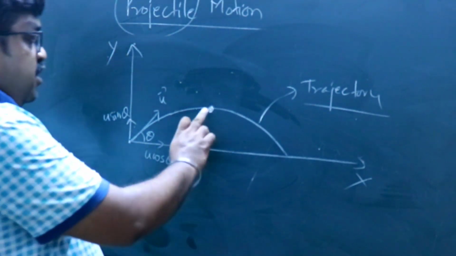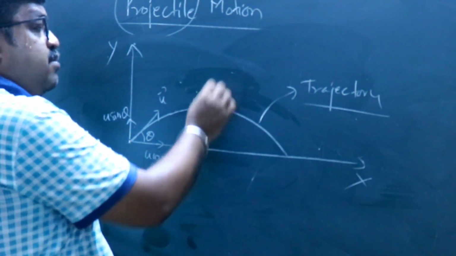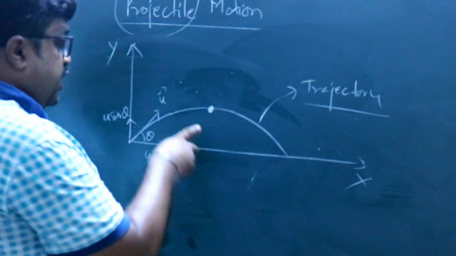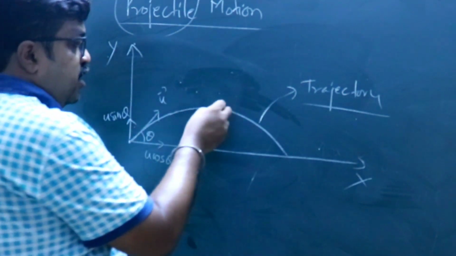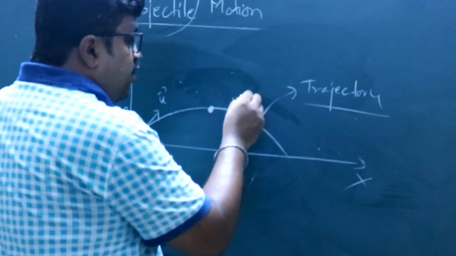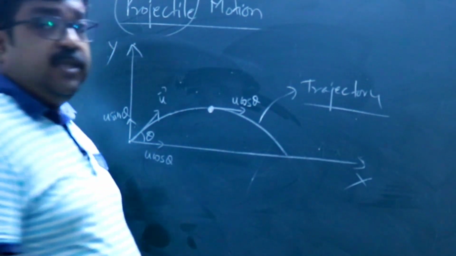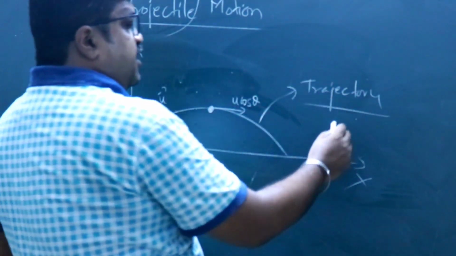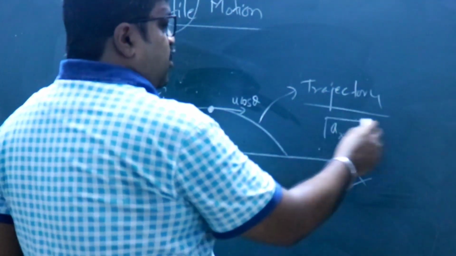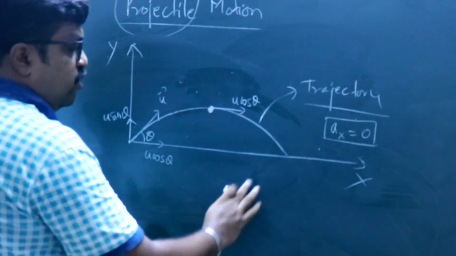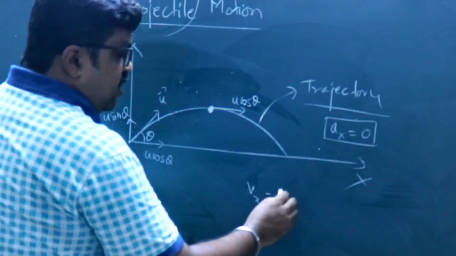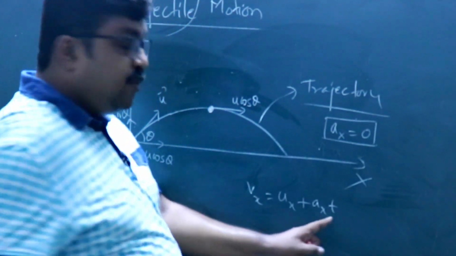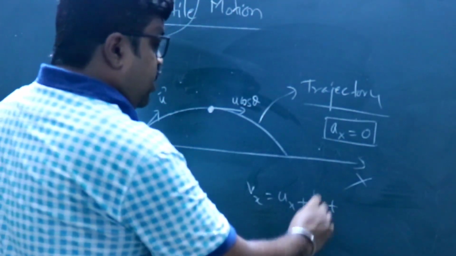So that means the velocity component in the vertical direction becomes 0, because it is not moving any further. But this u cos theta, this is the horizontal component, so here also the horizontal component will remain u cos theta. Why u cos theta? Because we have seen that acceleration along x-axis is 0. So if I take the velocity along x-axis as Vx is equal to ux plus ax into t, at any time, if you substitute any value of t over here, this quantity will be 0.